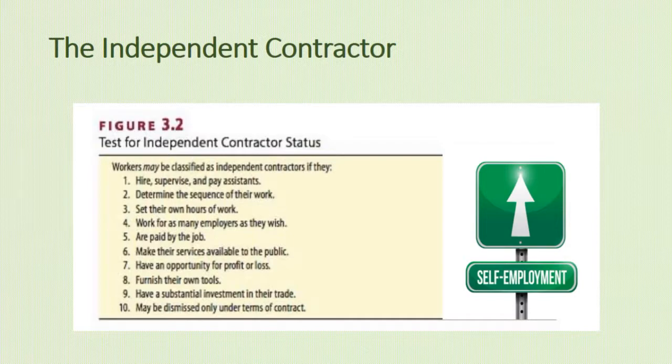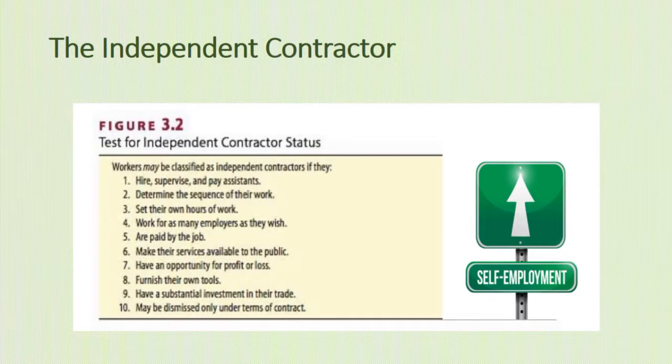An individual can be classified as an independent contractor if they conduct an independent trade or business. Generally, this means that the person is providing services to someone else who's paying for those services, and the paying person has the right to control or direct the result of the work, but the means or method of accomplishing the work lie in the hands of the independent contractor, the person who is being paid.